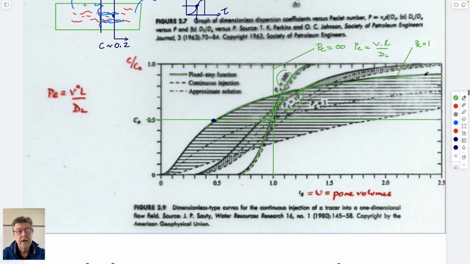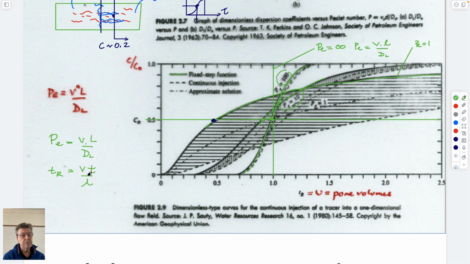And so surprisingly enough, these parameters that we define: a Peclet number, which is equal to, I guess it's given above, velocity times the length divided by dispersion. And we have a pore volume, which is velocity times time divided by L. Velocity times time as you go, the time traveled to get to the compliance point.